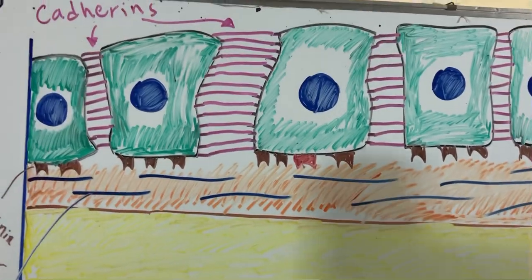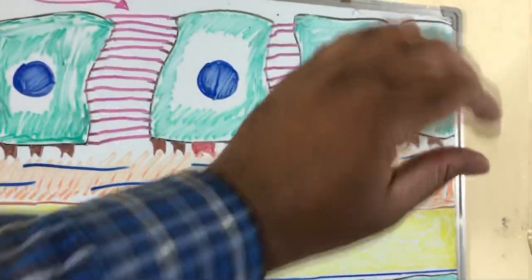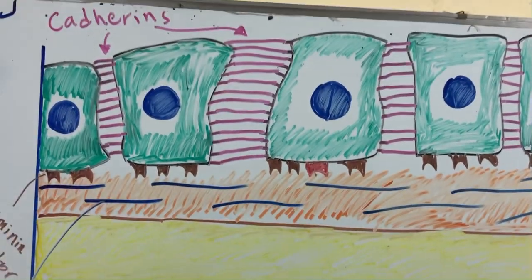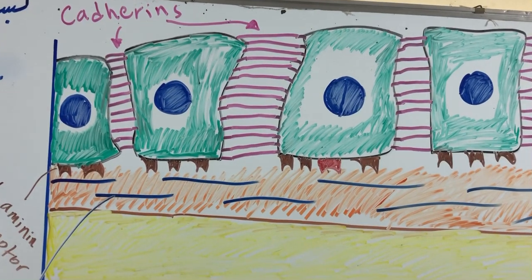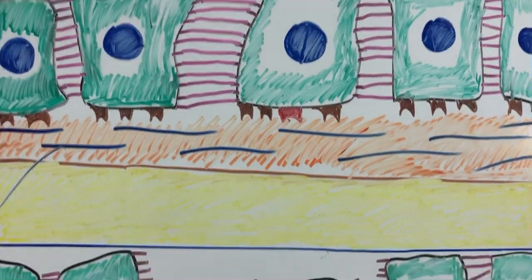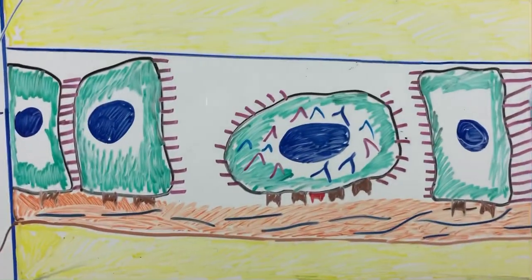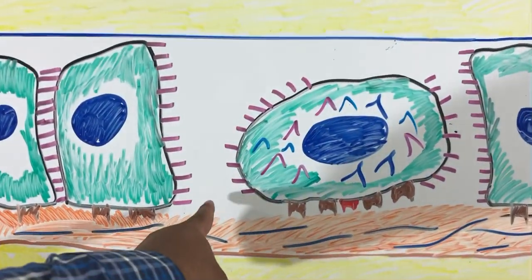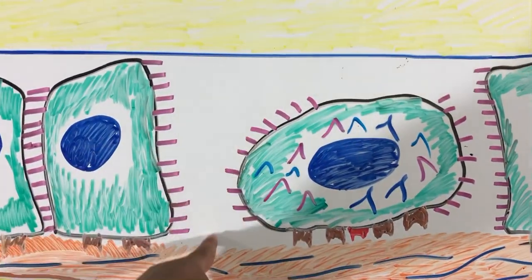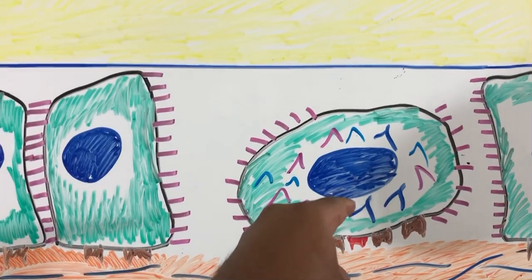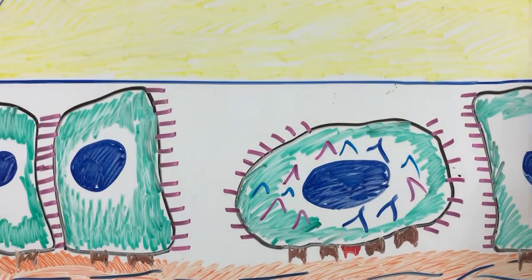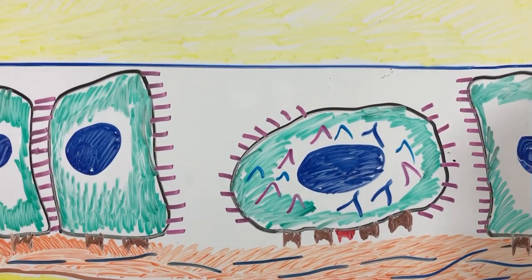So what do we see here? We see normal cells connected to each other as they should be by E-cadherins, letter E dash cadherins. Now let's look at the next stage. What do we see here? We see, as we said, those cadherins are now defective due to the cancer, due to the genetic defect in the genes that make the cadherin proteins.